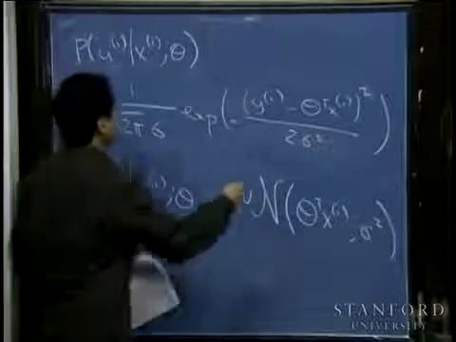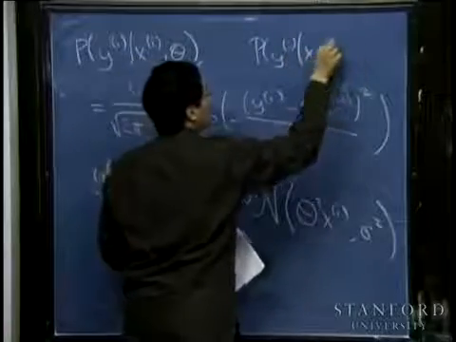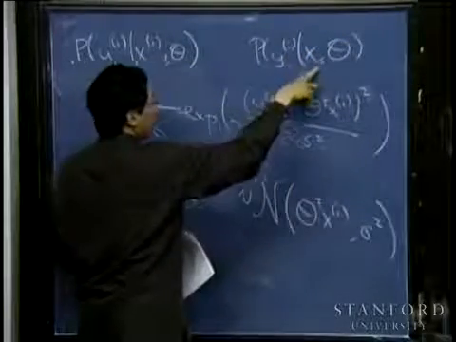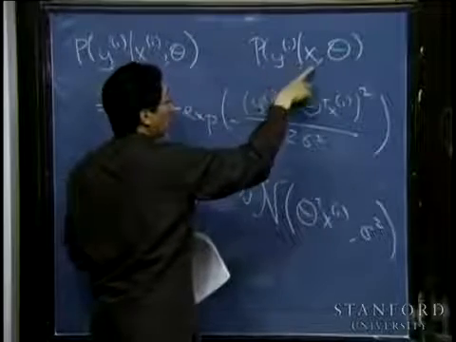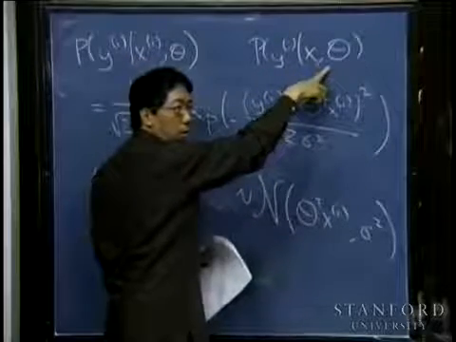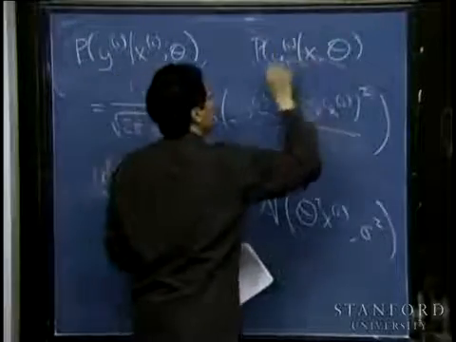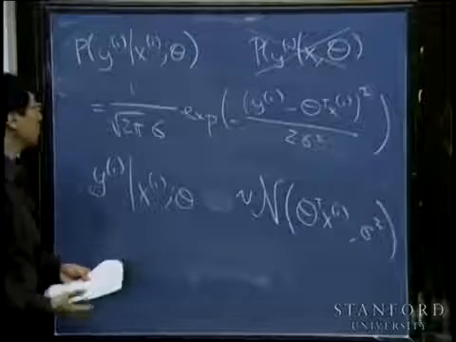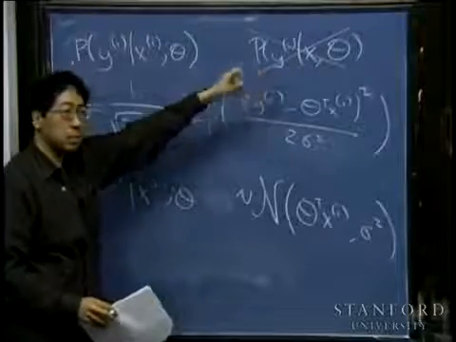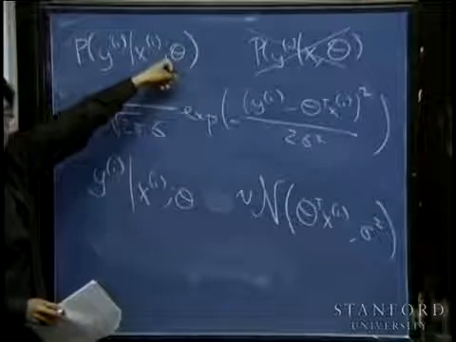So if theta is not a random variable, then I'm going to avoid writing P of yi given xi comma theta, because this would mean the probability of yi conditioned on x and theta. And you can only condition on random variables. So at least for this part of the class where we're taking sort of a frequentist viewpoint rather than a Bayesian viewpoint, we're thinking of theta not as a random variable, but just as something we're trying to estimate.